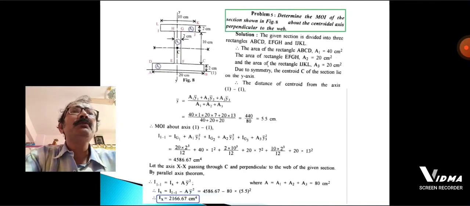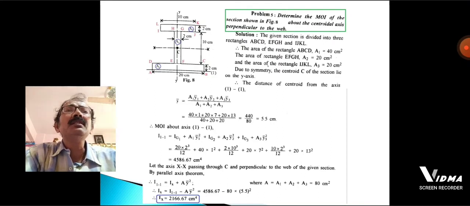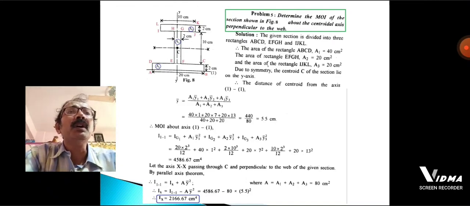In problem number 5, determine the moment of inertia of the section as shown in the figure about the centroidal axis perpendicular to the web. In this case also we have to apply the parallel axis theorem. There are three sections, 1, 2 and 3, and we divide the total I section into three parts.